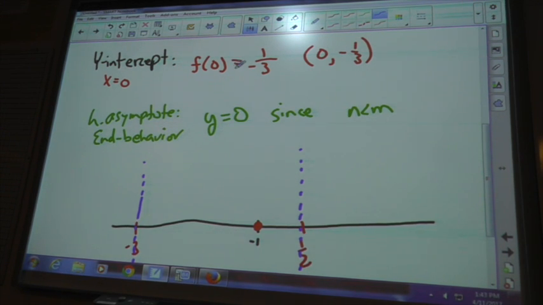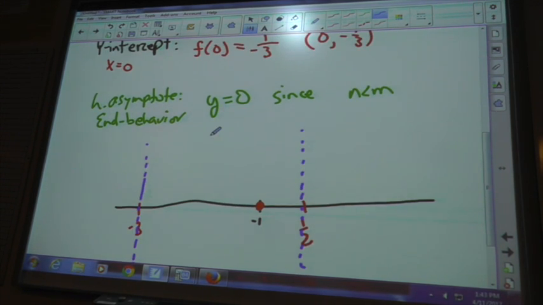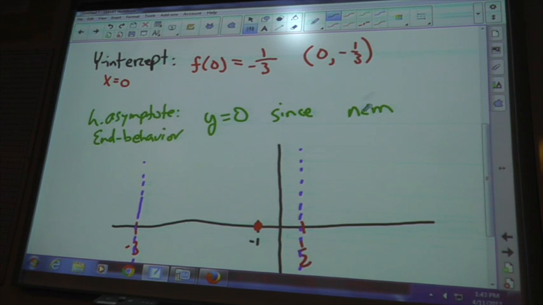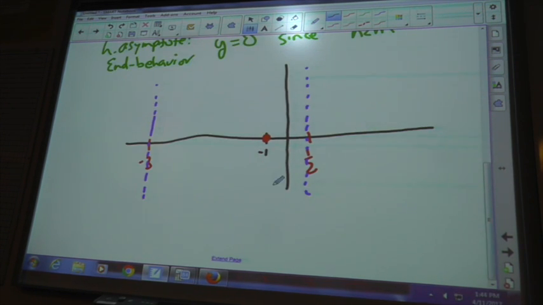The y-intercept, I actually do need to know 0 because I'm going to graph this point here. Something like this. I should use the same color, black. So then the point here is -1/3. Now remember some of you guys said it was a -1/2 earlier? It's actually -1/3.